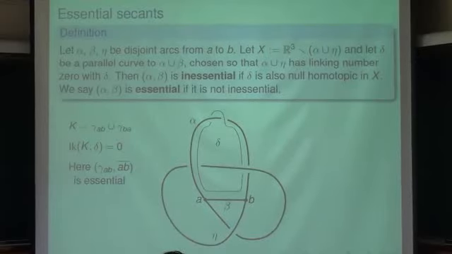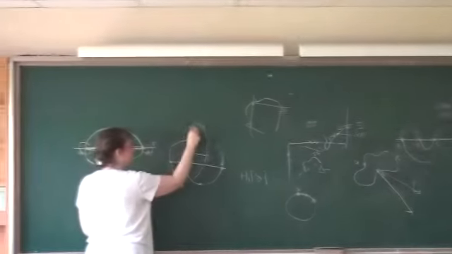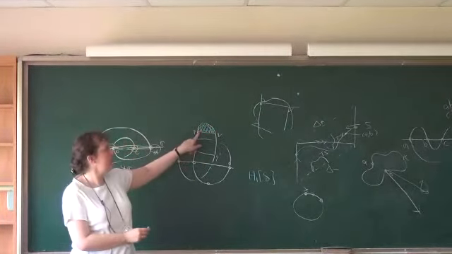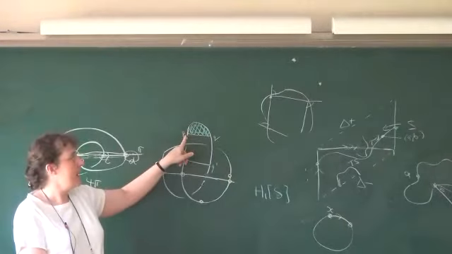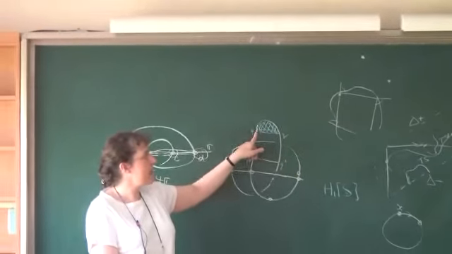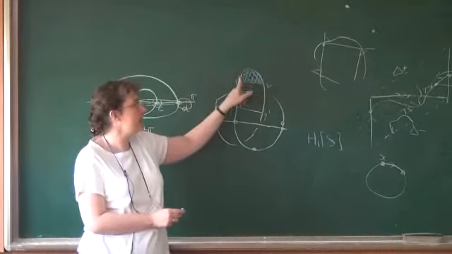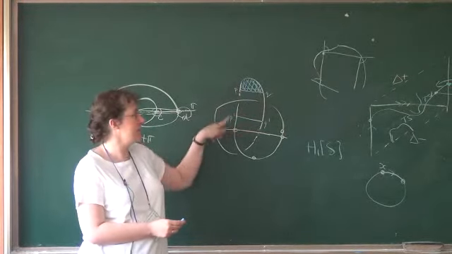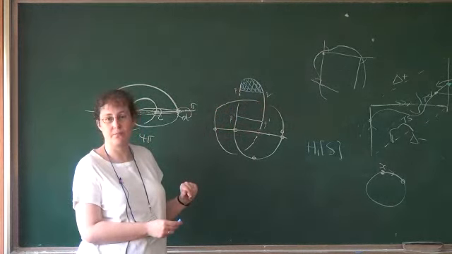You can think about inessential this way, which was Kuperberg's original definition. You're inessential if you can find a disk bounded by the secant and this arc, which has no other intersections with the boundary of the knot.